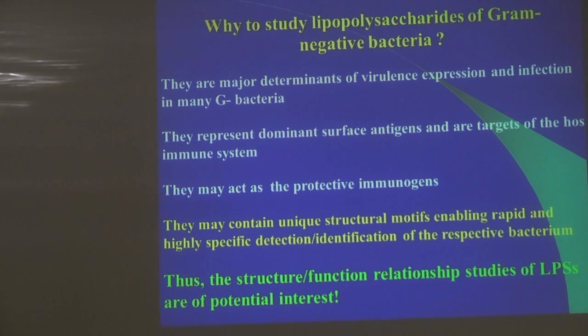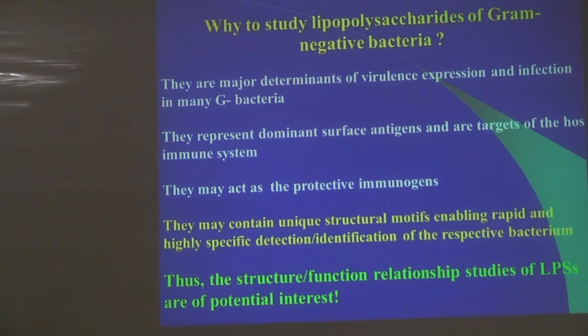They represent the dominant surface antigen and are targets for the host immune system. They may act as protective immunogens, and they may contain unique structural motifs, enabling rapid and highly specific detection and identification of these bacteria.